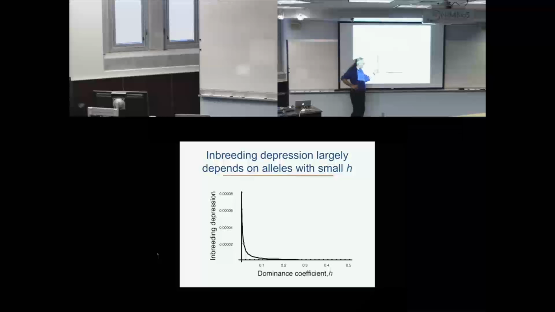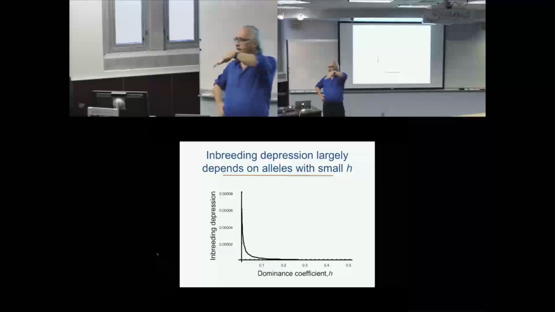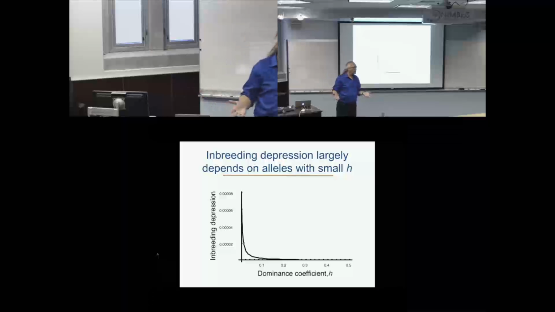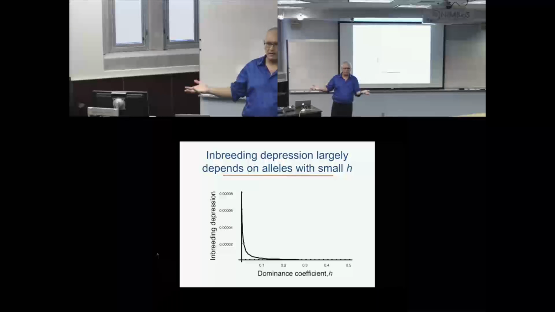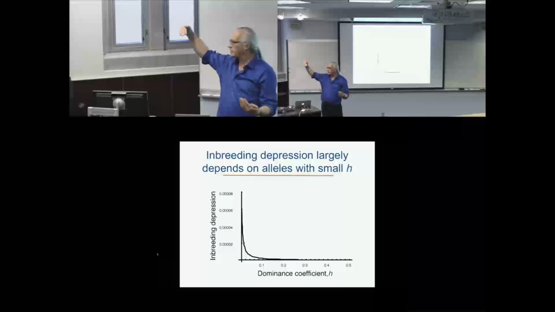The smaller the dominance coefficient is, the more inbreeding depression there is. That's because if the dominance coefficient is a half, the heterozygote's just halfway between the two homozygotes, so it doesn't matter to the average whether you express those alleles as homozygotes or a heterozygote. You get the same average fitness.